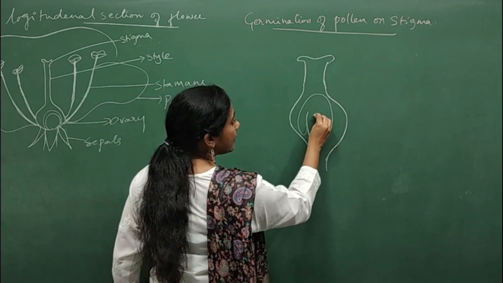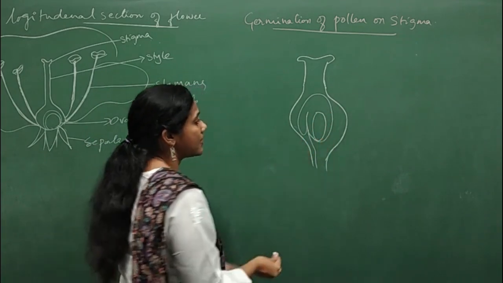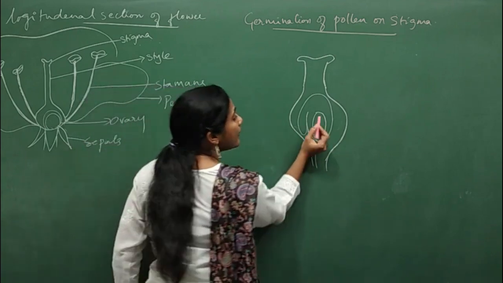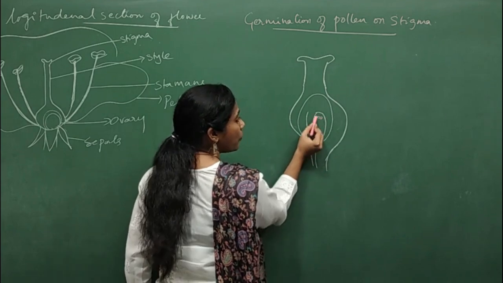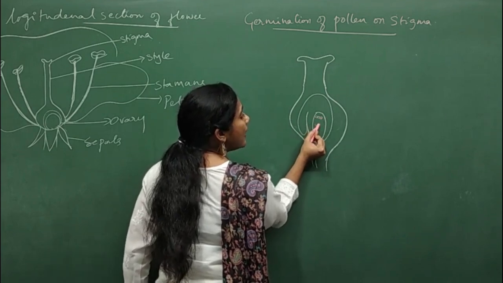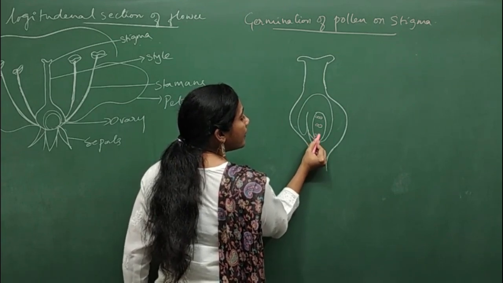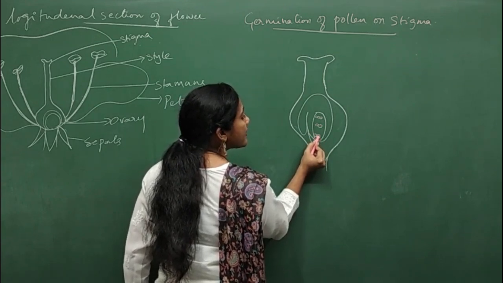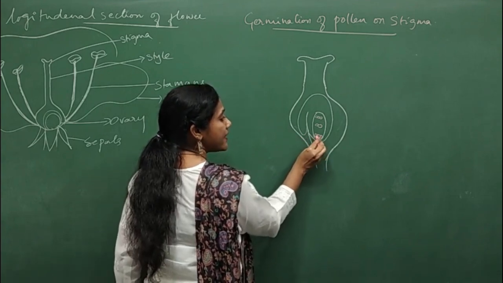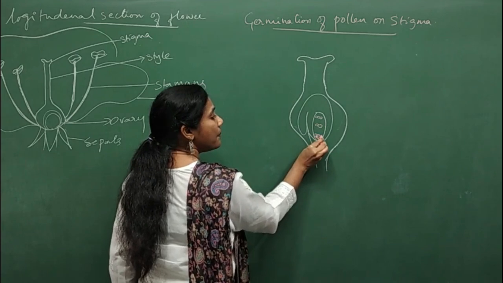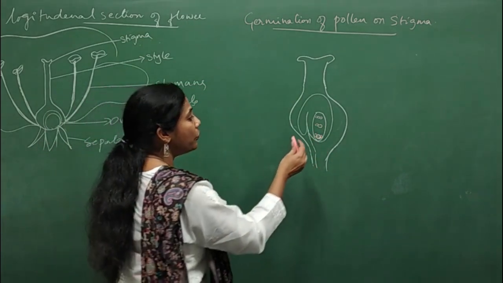And after that show a structure of ovule. So this is our ovule. So inside the ovule, here 3 dots you show, I mean 3 small circles, and here 2, and here 3. Actually this is our female germ cell. Clear? So that's how you have to draw the ovule.